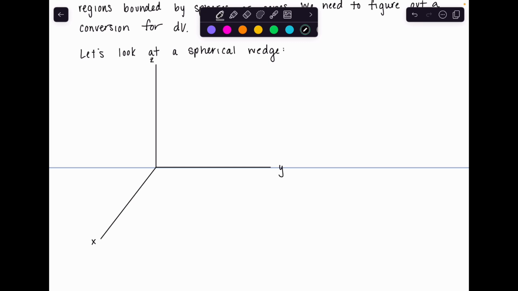Kind of like if you were to take a tennis ball and slice it up, this is basically what we're looking at, like a really tiny chunk out of it. So it's got some thickness to it, but the edges of it are going to be curved. So essentially, if you've got that sphere going on, when I look at a spherical wedge, it's kind of a section like this. So again, it's got some thickness to it. And it's like you've taken a chunk out of a tennis ball here.